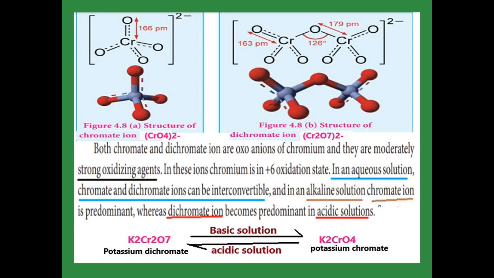Both chromate and dichromate are moderately strong oxidizing agents. They have oxidation number +6, and in aqueous solution they are interconvertible. Potassium dichromate in basic solution changes into potassium chromate, and potassium chromate in acidic solution changes into potassium dichromate.